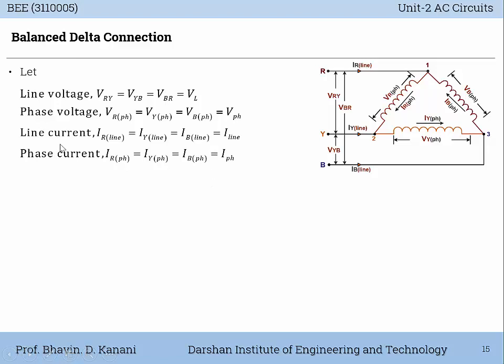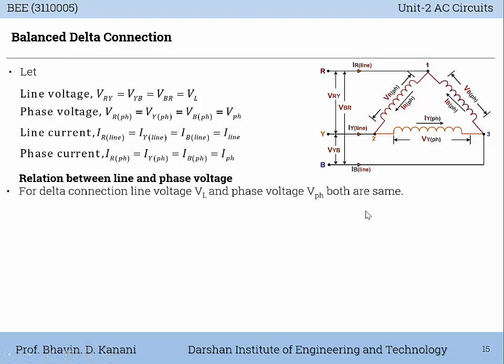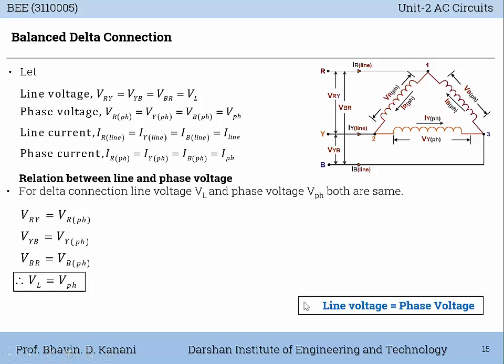Again, for line current, in the same way, IR line is equal to IY line is equal to IB line. That is, all line currents will be the same, and the same for the phase currents. Looking at the relation of line and phase voltage, VRY is equal to VR phase, VYB is equal to VY phase, VBR is equal to VB phase. So here line voltages and phase voltages remain the same in delta configuration.